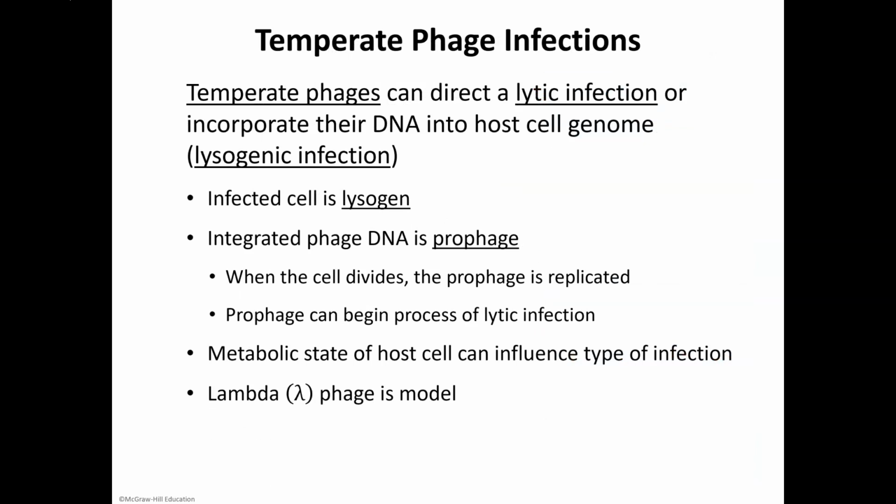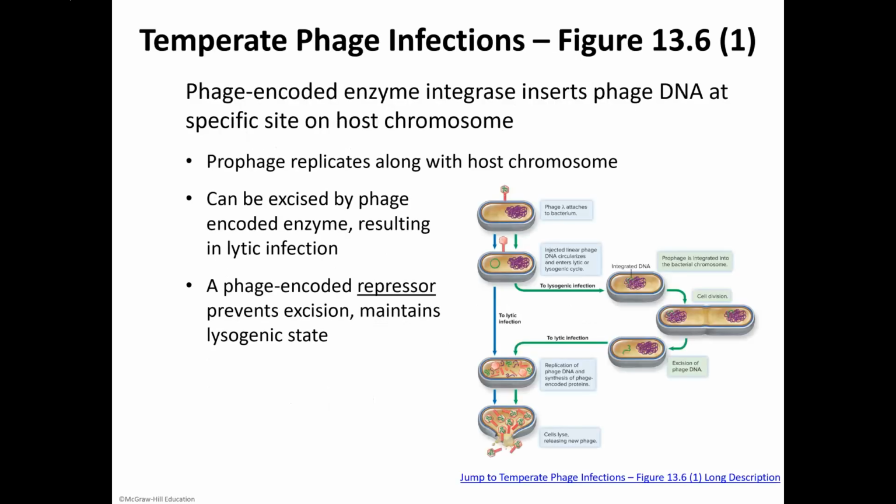Temperate phages can direct a lytic infection or can incorporate their DNA. So this is a lysogenic infection. You've heard about the lytic infection, so now let's talk about the lysogenic infection. A lysogenic infection starts the same way as a lytic infection.